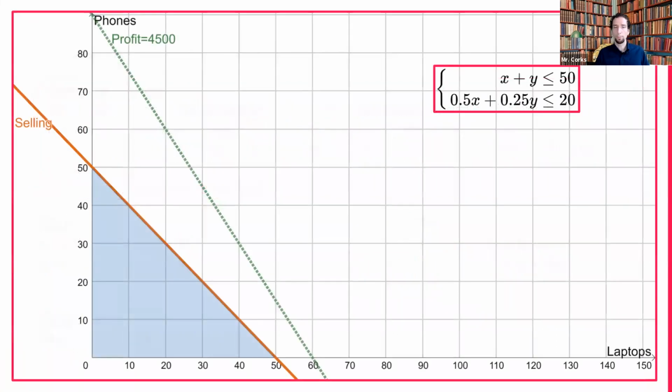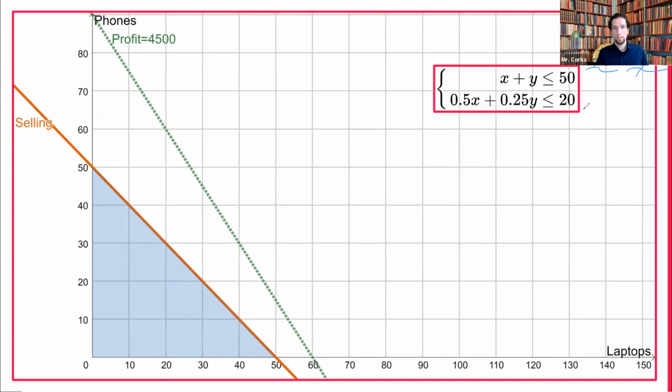Next, there you go. Okay, so we have this new one. If we try to graph this, we have the original one graphed, our x plus y less than or equal to 50. But let's also do this for our second inequality here.